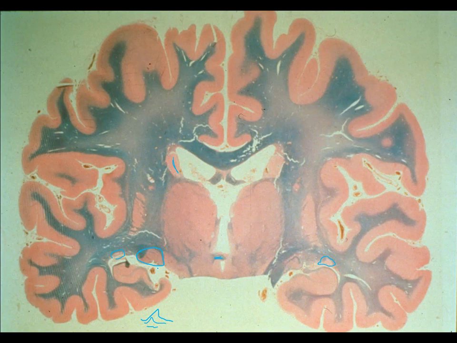Posterior and inferior and lateral attached to the thalamus. Yeah, it's the lateral geniculate. And next to it is the medial geniculate. This is what part of thalamus? Yeah, we're coming into pulvinar. We're probably not quite in pulvinar completely. We've probably in here got VPL and VPM.